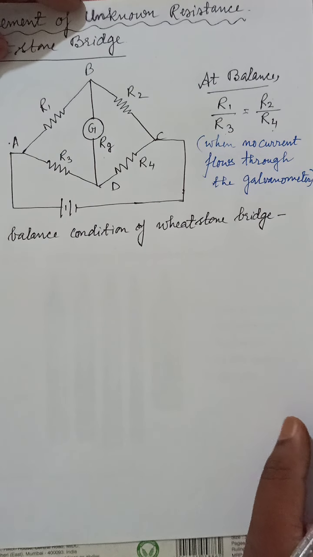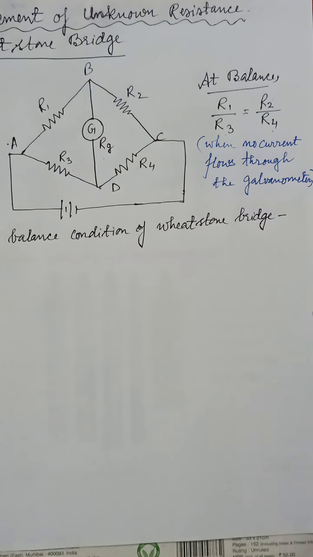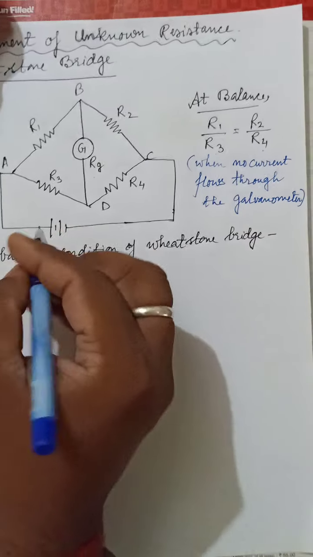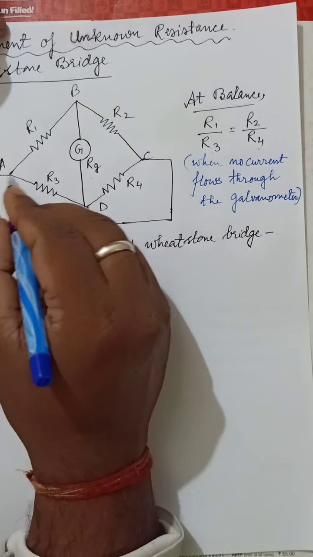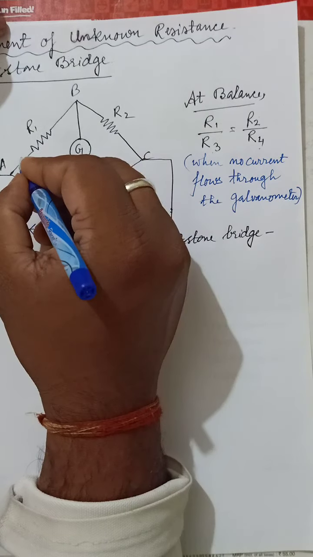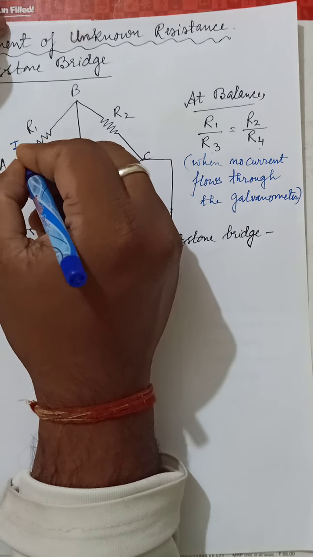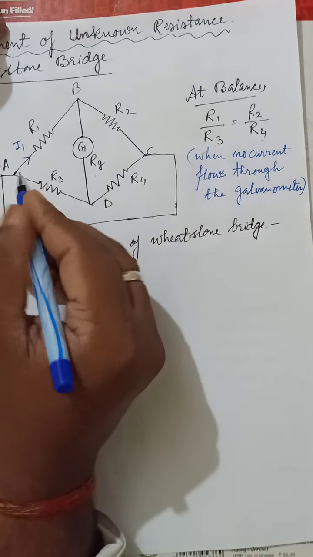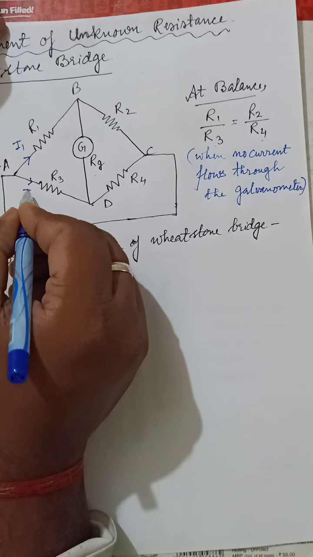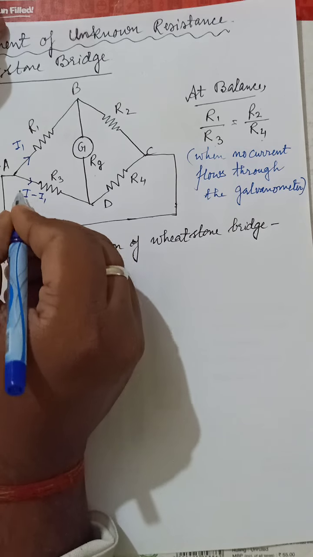Now what to do, let us see. First we have to take a current. If we consider this to be the current I, when this current comes here, it distributes itself into I1, and I minus I1 if we apply KCL at this point.